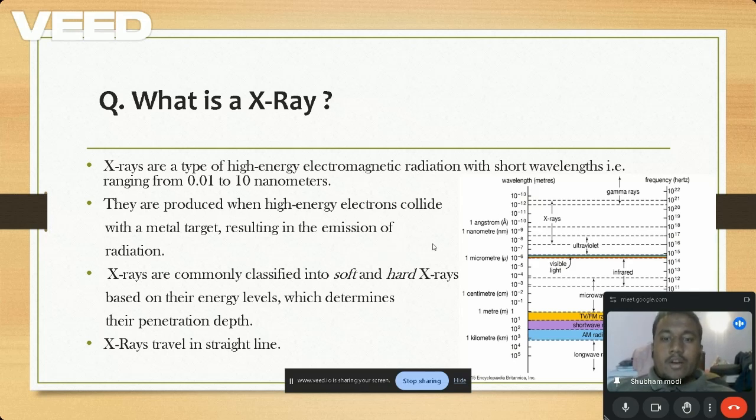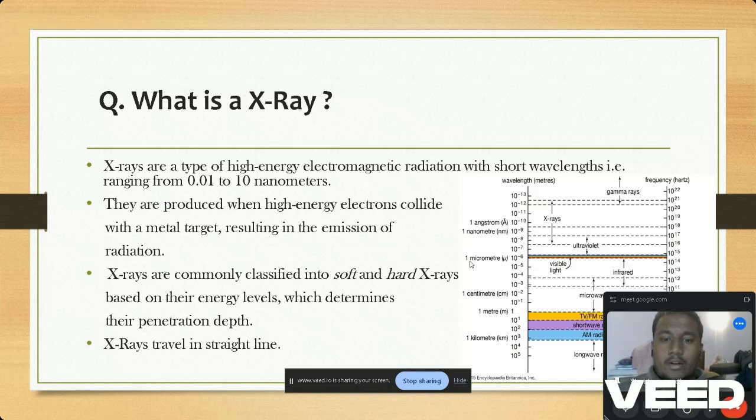They are produced when high energy electrons collide with a metal target, resulting in the emission of radiation. And also, X-rays travel in a straight line.